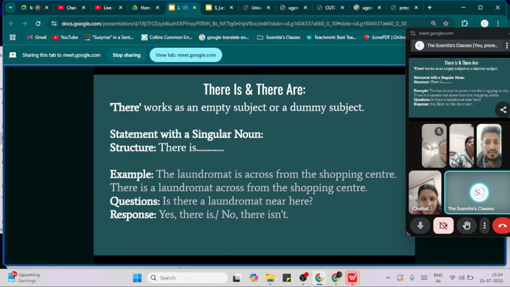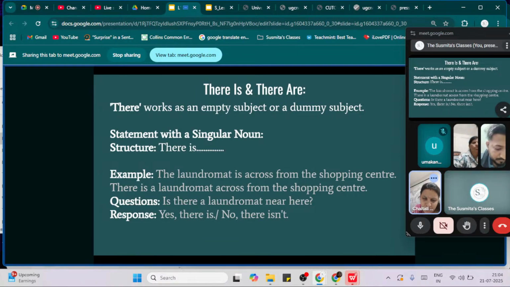There is one across from the shopping center. One. There is one. Sorry? There. Subject. There. Are you sure? There is one. Yeah, there is. There is one across from the shopping center. That was the sentence that I used. So what is the subject over here? One. One is the subject. Very good, Chaitali ma'am. बाकी सबने गलत आंसर दिया.